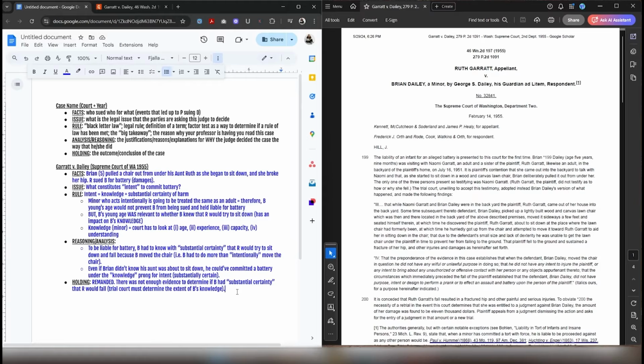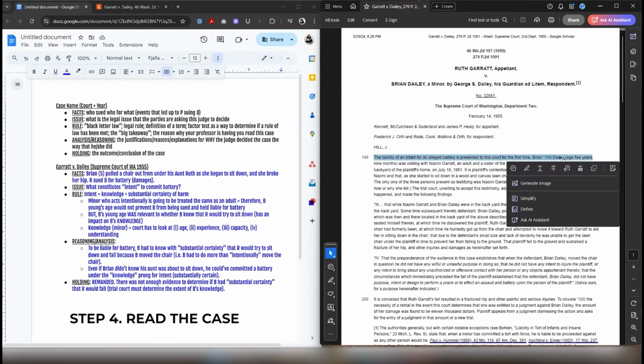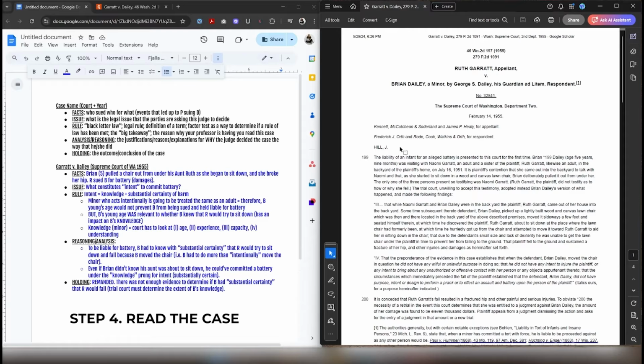So once we have taken notes on the Quimby case video, only then would I actually recommend starting to read the case. The reason for that, as we talked about before, is as we read through the case, now we know what we're looking for.